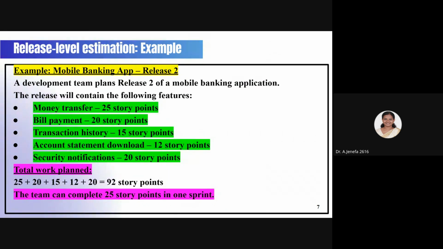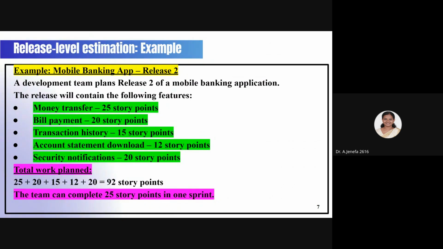Same like that, we have another example problem for release level estimation: how we plan to complete the project within the given team velocity and duration, and how we set the release date for delivering the project.